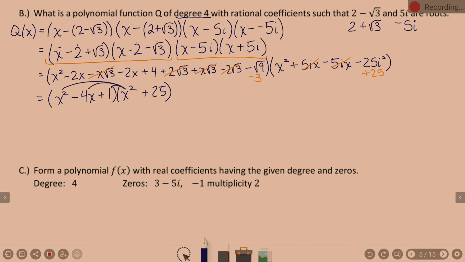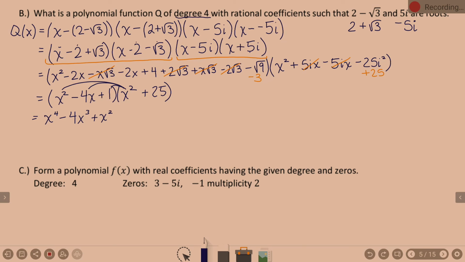So if I do that, x squared times x squared is x to the fourth. X squared times minus 4x is minus 4x cubed. X squared times 1 is plus x squared.